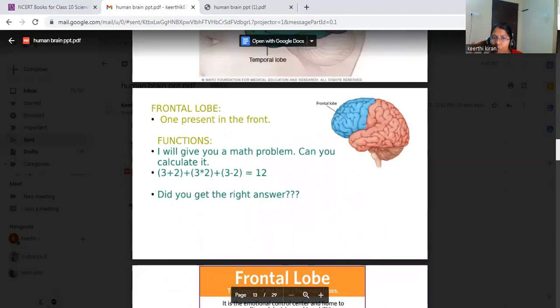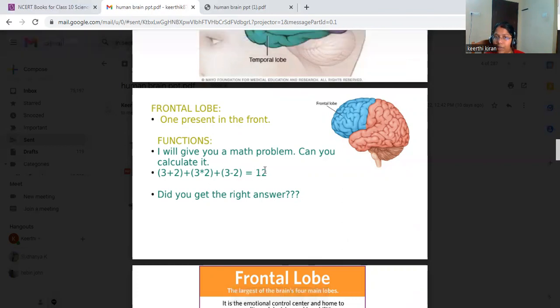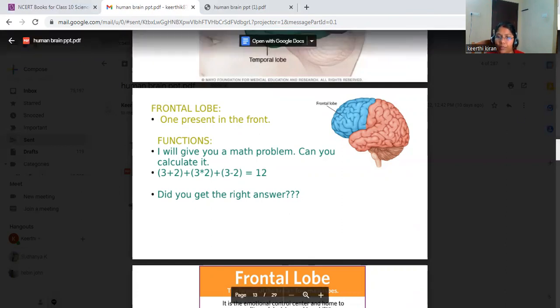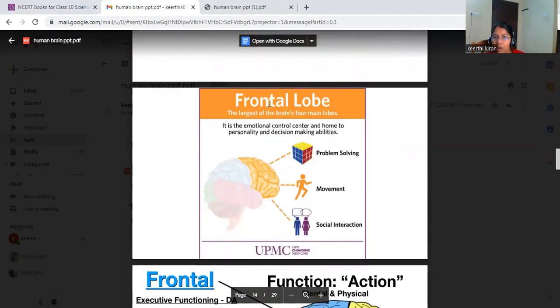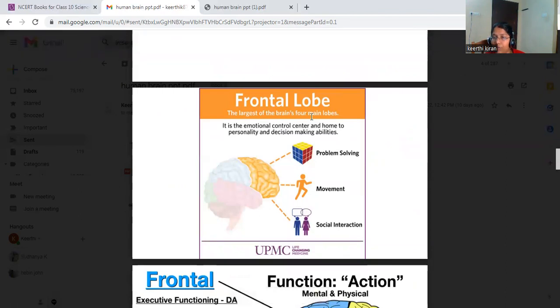So the frontal lobe is present on the front side. With it we can do mathematical problems and everything very easily. So that deals with the frontal lobe. If you can do a sum and get the correct answer, then your frontal lobe is working very properly. The frontal lobe is the largest of the brain's four main lobes.